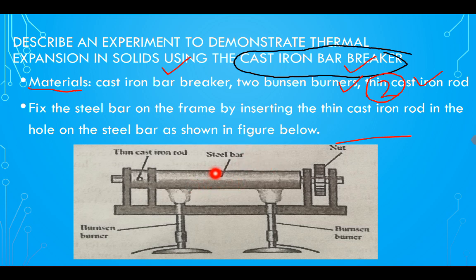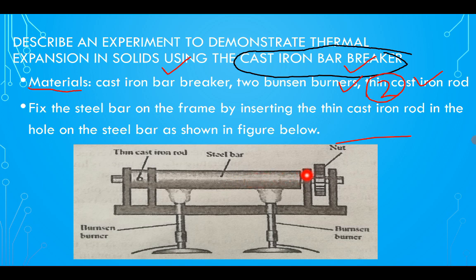So this whole setup is called the cast iron bar breaker. It is made up of a steel bar, as you can see, which is placed between two frames. On one end there is a nut, just to securely fasten this, to put this in place so that it does not shake.